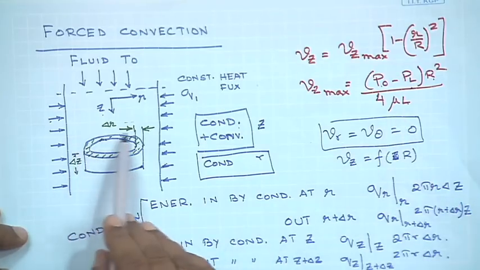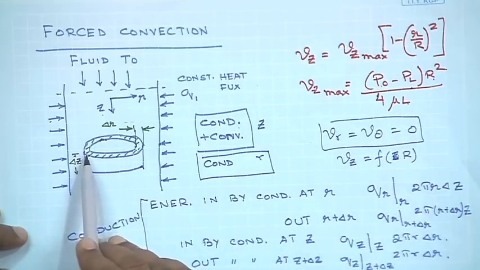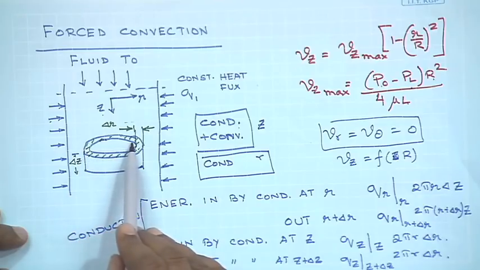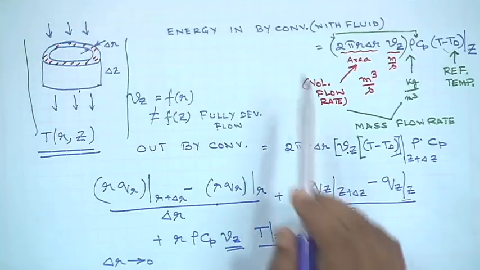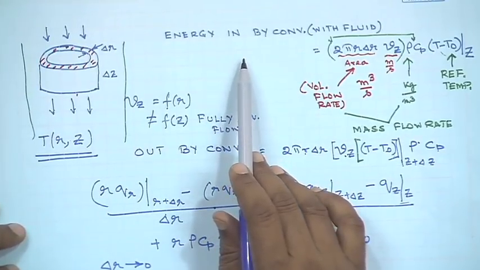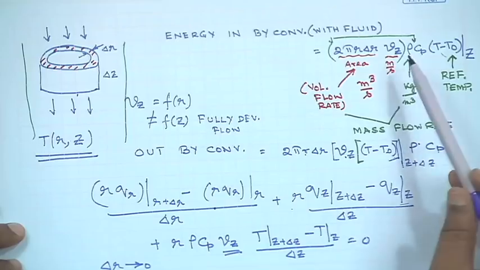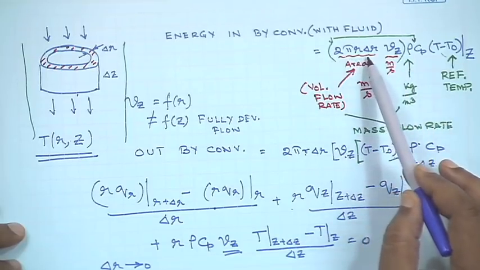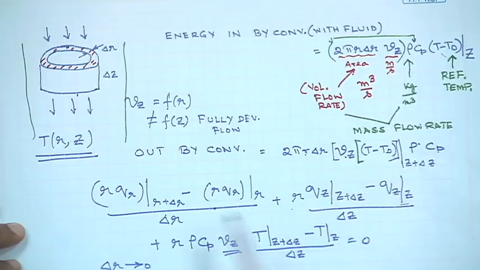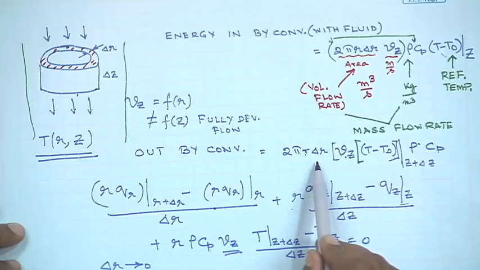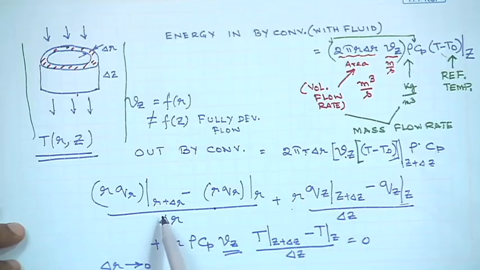So, we assumed a shell of size delta r and delta z, and made a balance of all the energy coming in and going out of the system, taking into account the area through which the conductive heat is coming in, the area through which the convective heat is going out, the amount of heat addition by conduction, and so on.